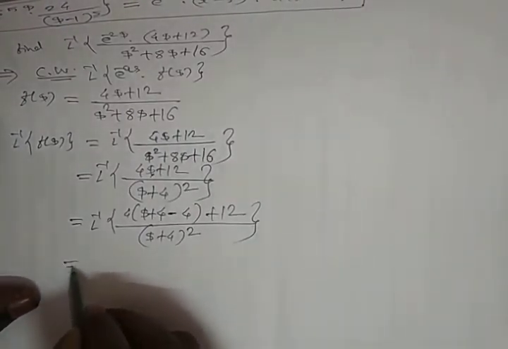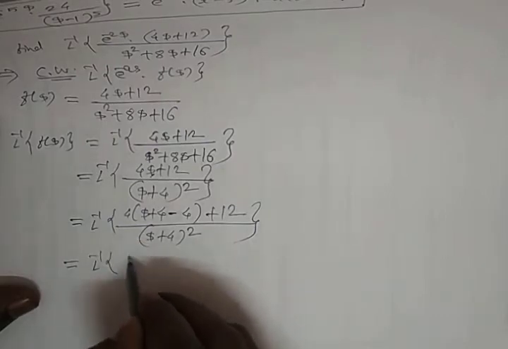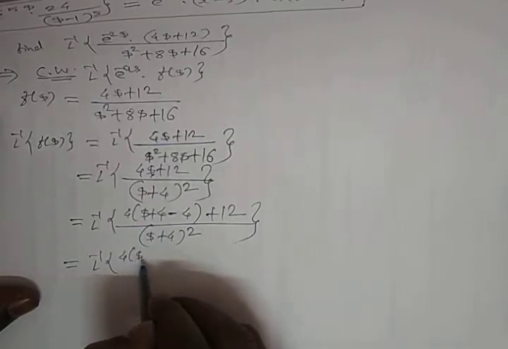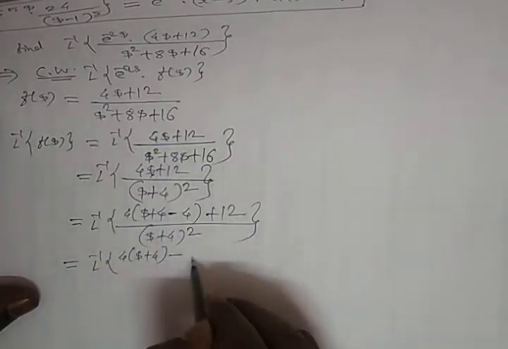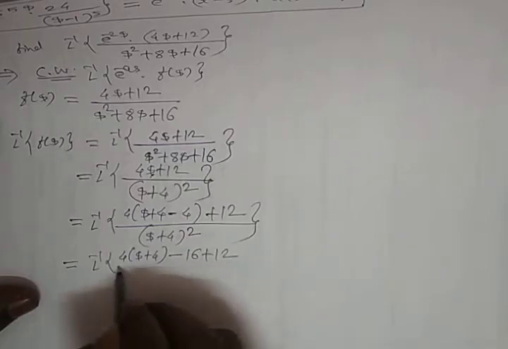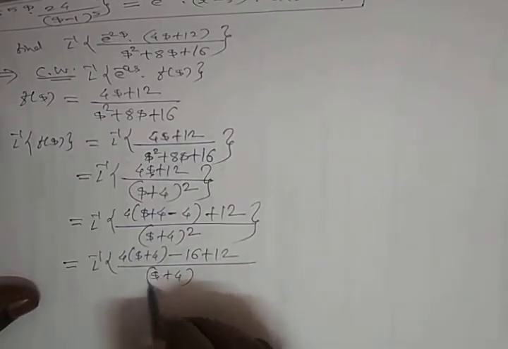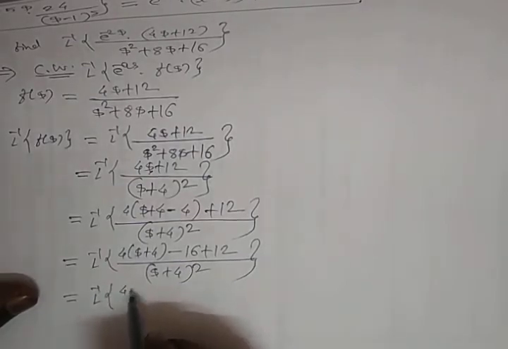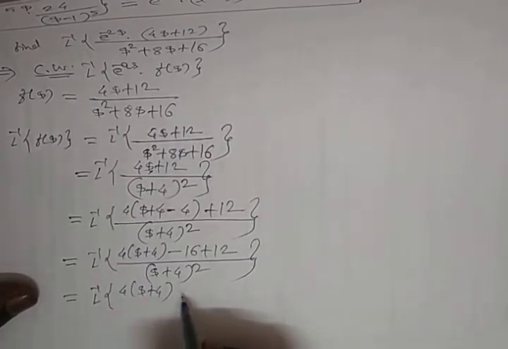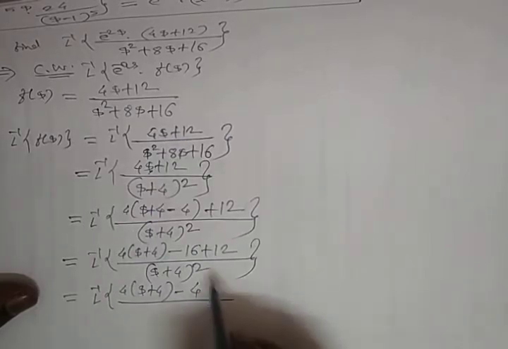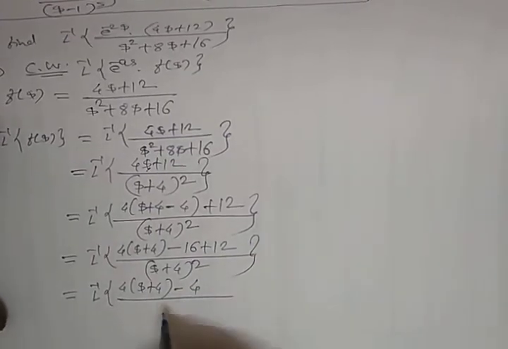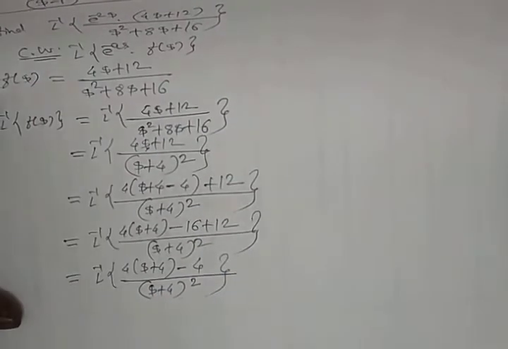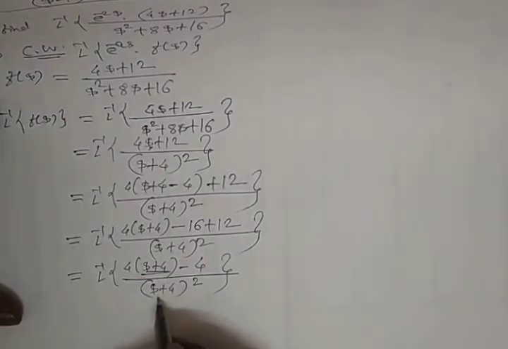Now that is equal to Laplace inverse of, if you multiply this 4 into the bracket, we get 4 in bracket s plus 4 minus 4 times 4 is 16, plus 12 divided by s plus 4 bracket square. That is equal to Laplace inverse of 4 in bracket s plus 4 minus 16 plus 12, that will be minus 4, divided by s plus 4 bracket square. Now if you observe this, at each and every s there is s plus 4.